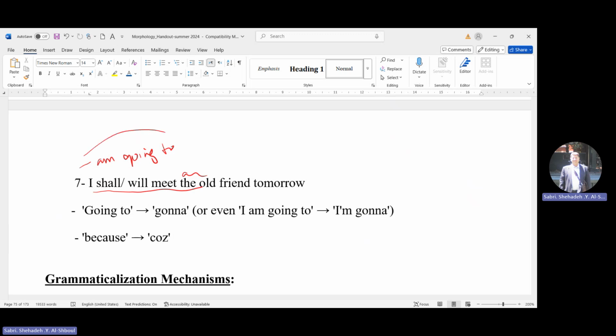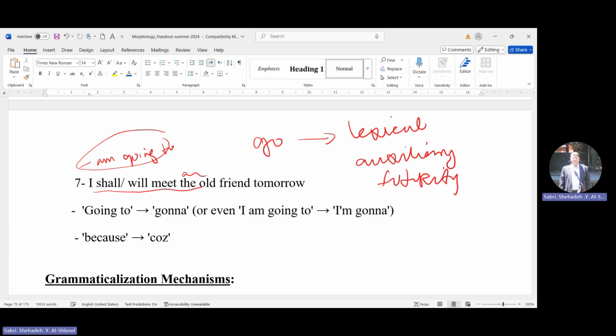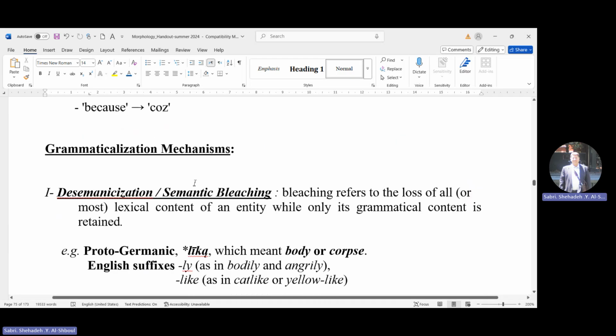This gives us evidence that the verb go is no longer lexical only, rather it becomes a grammatical form to indicate futurity or intentionality. So once the verb is observed or categorized as a grammaticalized form, it actually undergoes different consequences, and these consequences we call mechanisms.